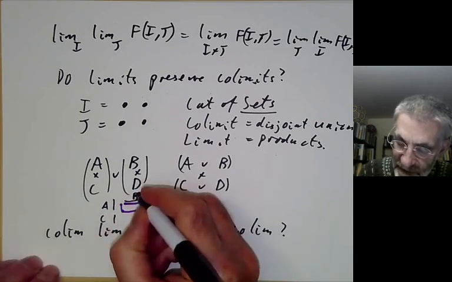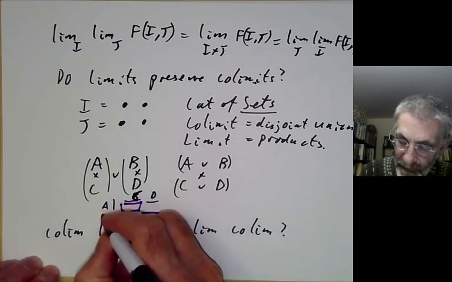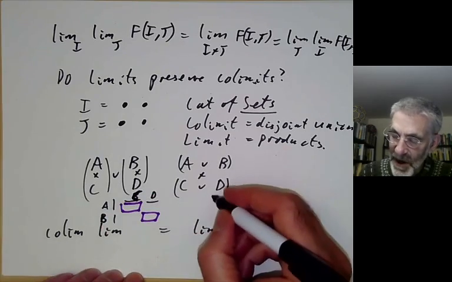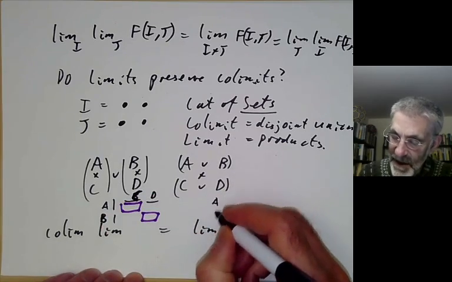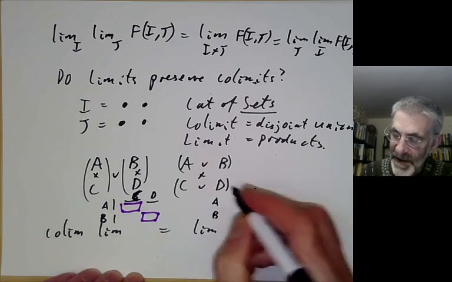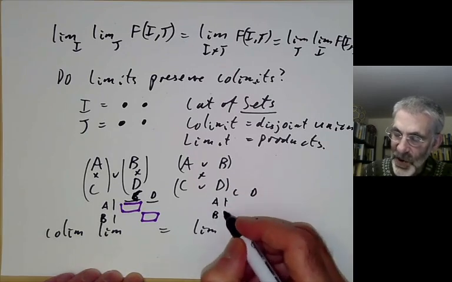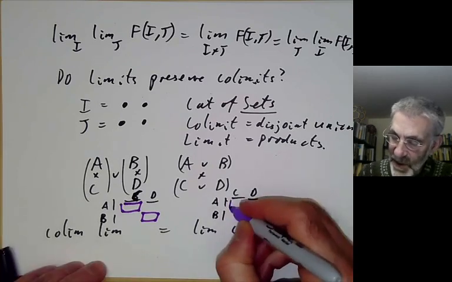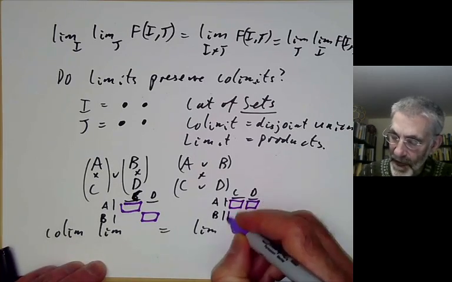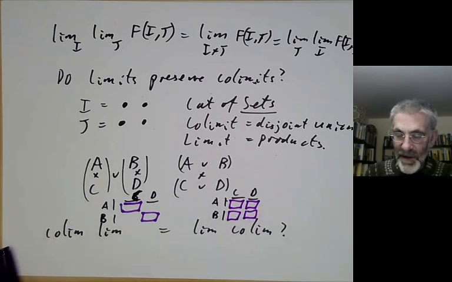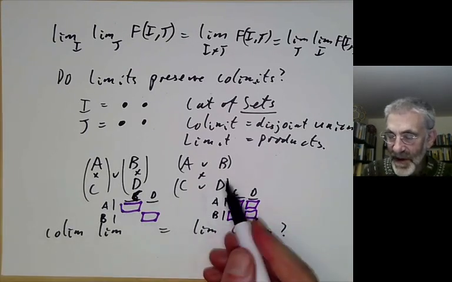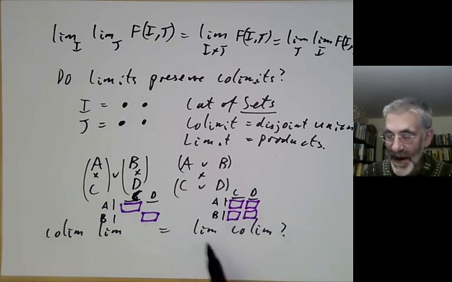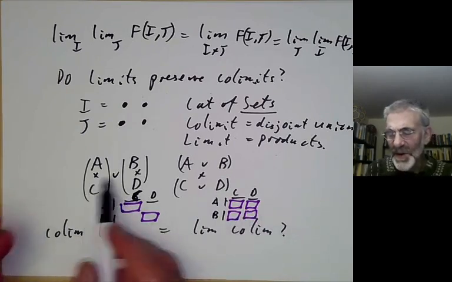It should be the product of A and C union the product of B and D. On the other hand, if you look at this diagram, you get A, B, C, D. And this time we're taking the union of A and B times the union of C and D, and we actually get 4 bits. So the colimit of the limit is definitely smaller than the limit of the colimit, unless some of these are empty.